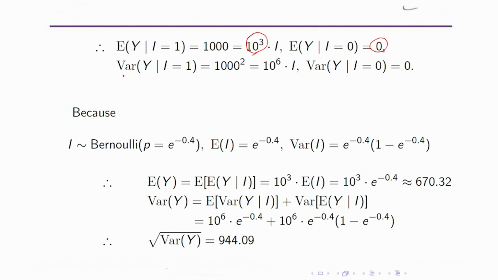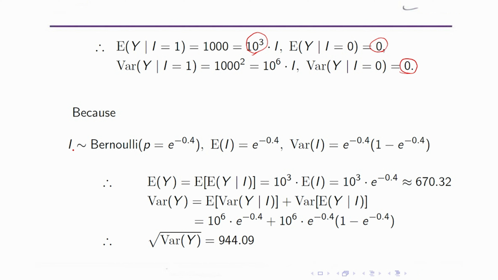And similarly, the variance of Y, if I is equal to 1, is simply like the distribution of X. So the variance is like the variance of X, which is 10 to the power of 6. And similarly, the variance of Y given I is equal to 0 is equal to 0.